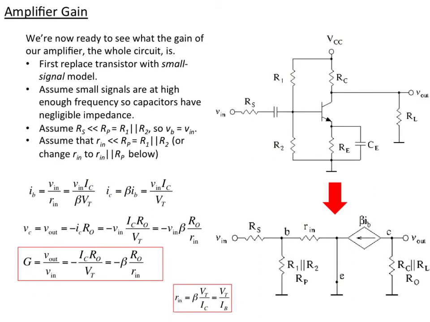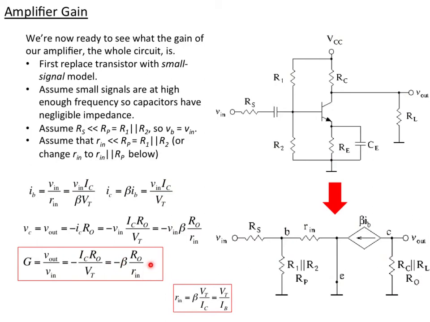I just have to divide Vn out of this, and I get that the gain is the quiescent current times the output resistor divided by the thermal voltage. So everything in my gain is basically going to come from how I set the quiescent value of the collector current, and the scale that makes everything work is the thermal voltage, and then what my load and collector resistors are will also be there.